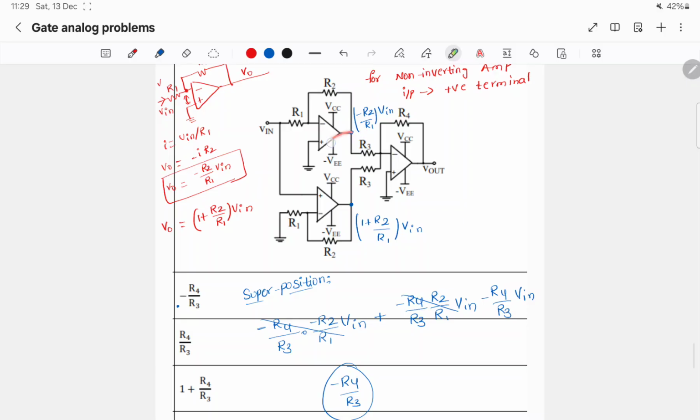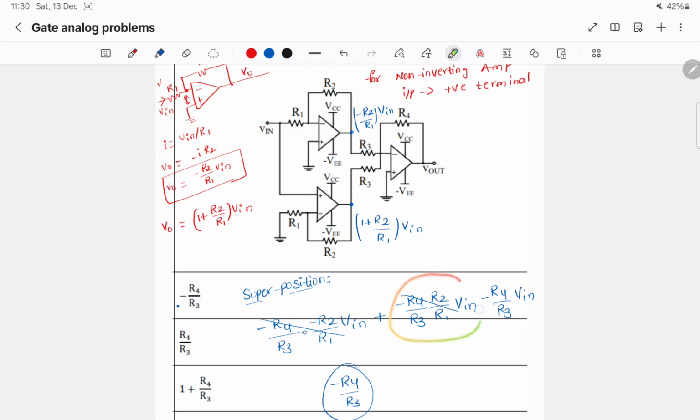If I make only this input active, then the output will be minus R4 by R3 times this node voltage, minus R2 by R1 times of Vn. And if I make only this voltage source active, that will be minus R4 by R3 times 1 plus R2 by R1 times of Vn.